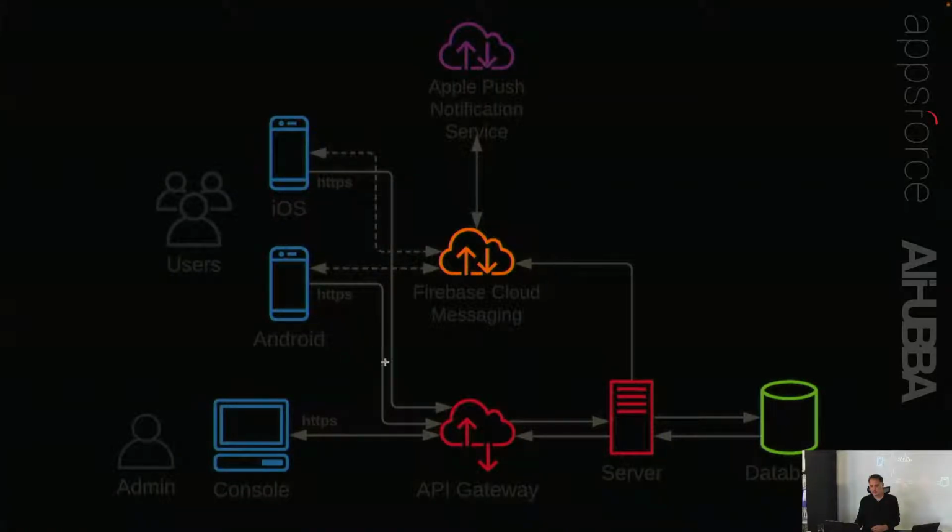So these phones are connected through APIs, so they can update us with the token. The mobile applications talk to the APIs to give us the token, and they also talk to Firebase Cloud Messaging to receive these push notifications.